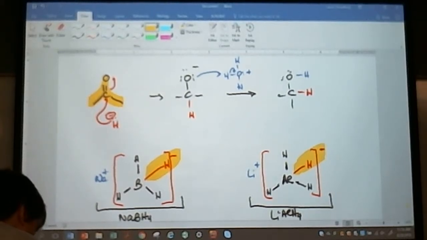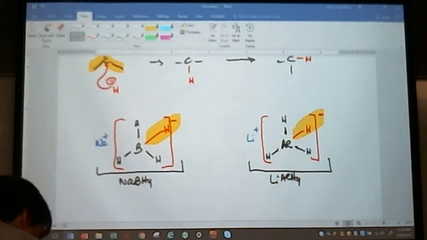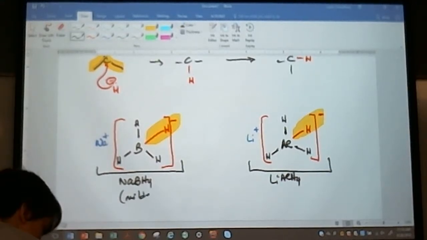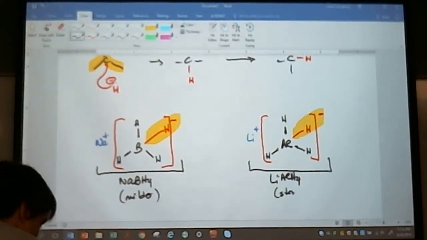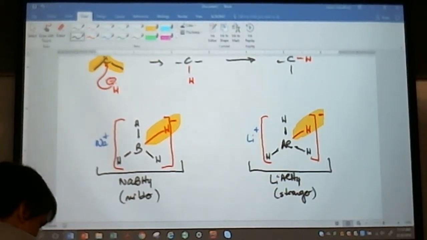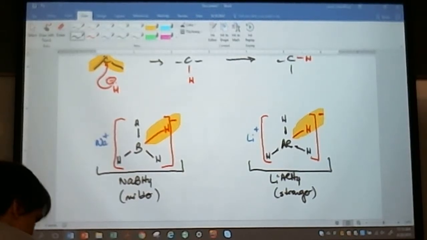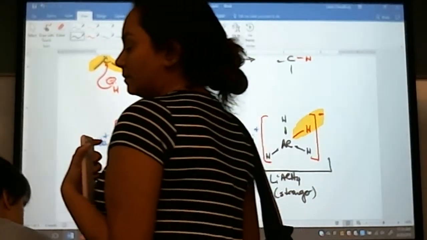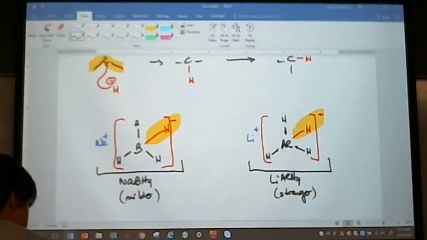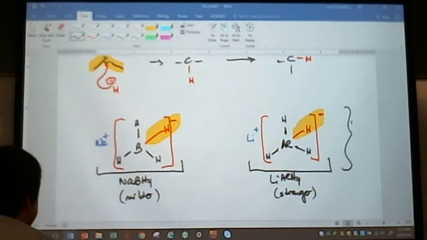Now, this is milder. This is stronger. A milder one, and this is a reducing agent, right? It causes a reduction of something else, where the reduction is getting a hydrogen. So these are reducing agents.